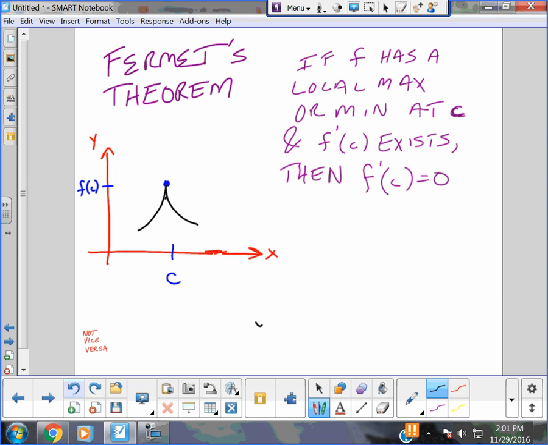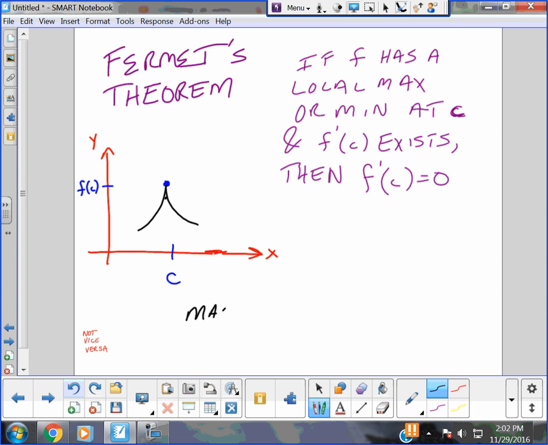Yes. The big thing that confuses students here is that this is a one-way street. If it's a max or min and the derivative exists, it's 0. If the derivative is 0, is it a max or min every time? No. In fact, we're going to do a couple of cases right now to prove this, because we want to make sure we see this as a one-way street.